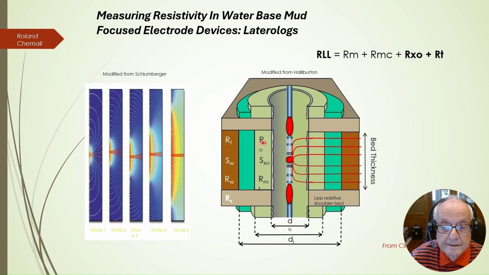And on the way, it will find an invaded zone and possibly a transition zone. So the design of the lateral log is to try as much as possible to see Rt. This is a drawing that I borrowed from Halliburton, and this is a map of potentials and currents that I obtained from Schlumberger.